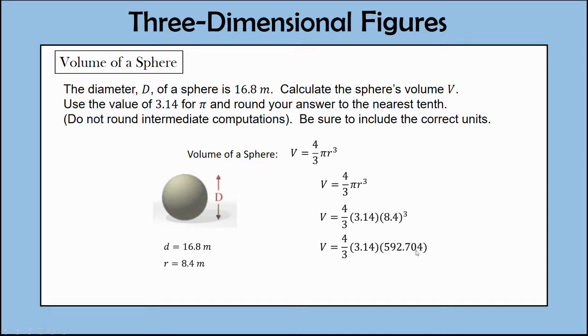So I'm going to take this 592.704, multiply it by 3.14, hit equals. Now I'm going to multiply that answer by 4, hit equals, and then divide it all by 3, and round to the nearest tenth. I get 2,481.5 meters cubed, following the formula.